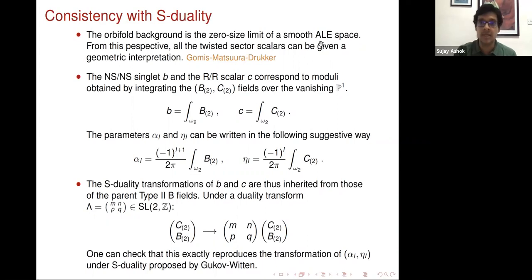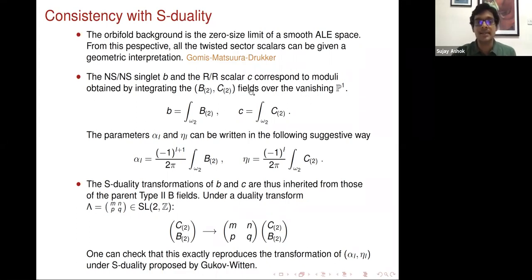Okay, this is well known from the early 90s by work of Kronheimer and so on. And what we have to do, therefore, is to identify our closed string twisted sector scalars with fields in type IIB supergravity on an ALE space, because the transformations of the supergravity fields under S-duality are well known.